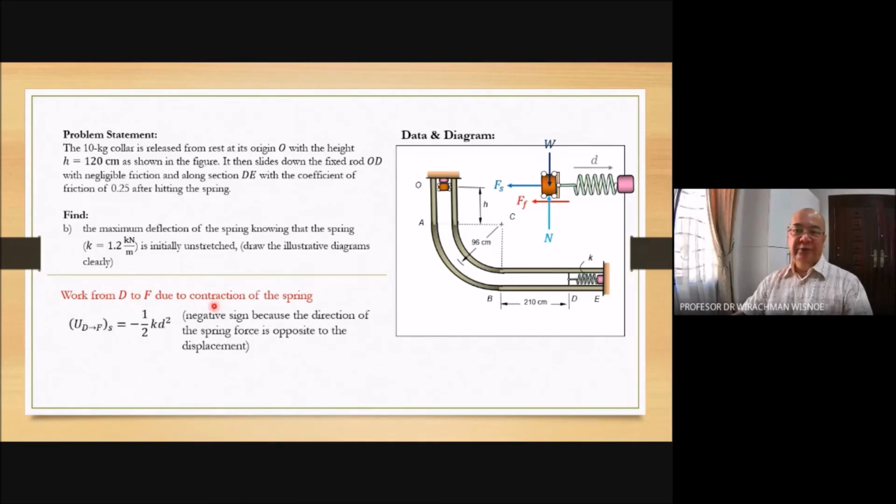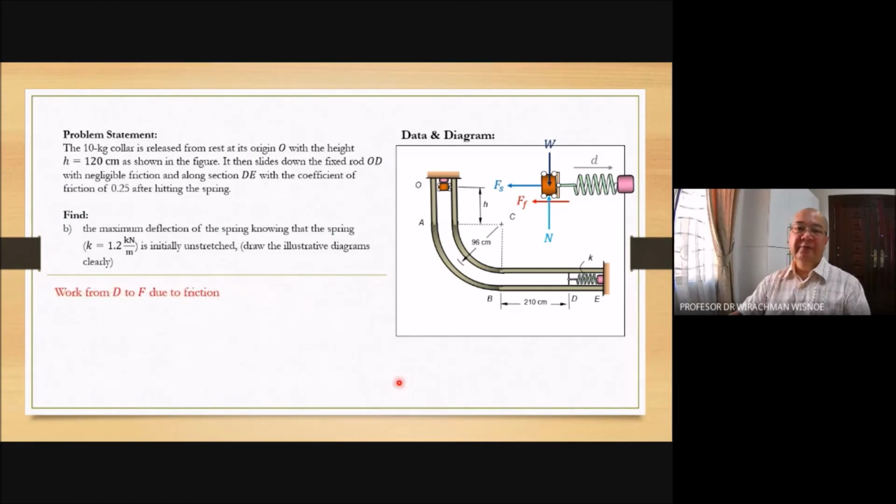The work due to contraction of the spring equals half k d squared. You put negative because the direction of the force is opposite to the direction of displacement. We have the work from D to F due to friction. The friction is going to the left, the displacement to the right. So again, we have negative work.